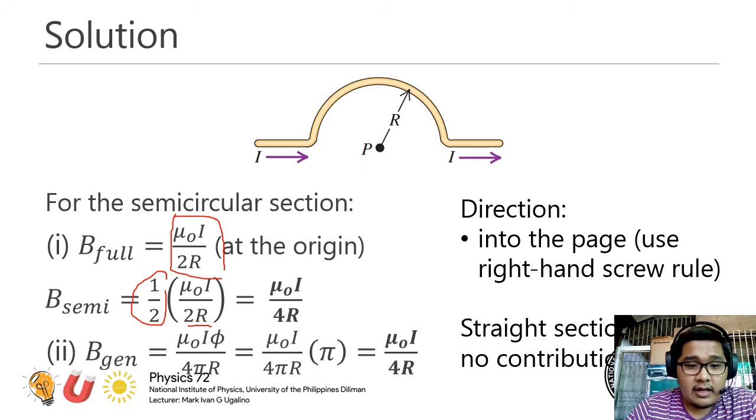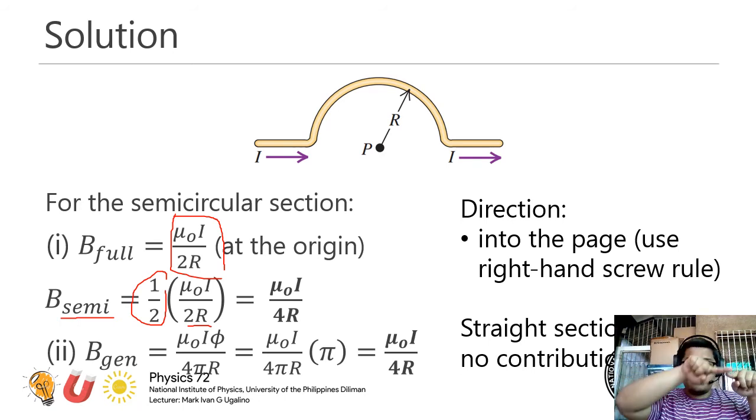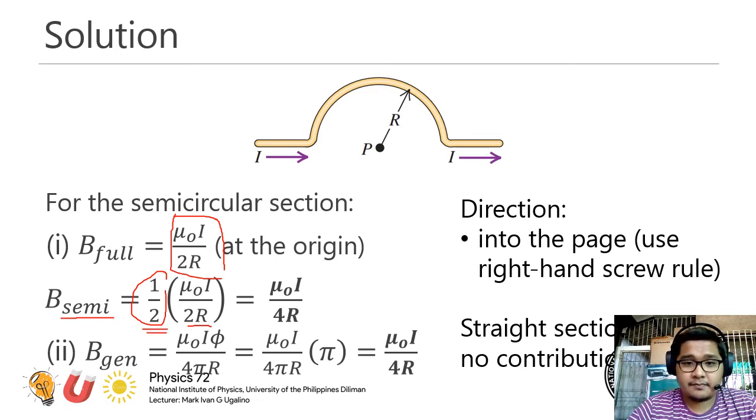If we divide that by 2, what we get is the contribution of the semicircle. If we have a whole circle, we add up all the contributions. If we consider only a semicircle, only half of that is added through the summation, and the rest are neglected. So that's why we multiplied mu naught I over 2r by 1/2. Okay.